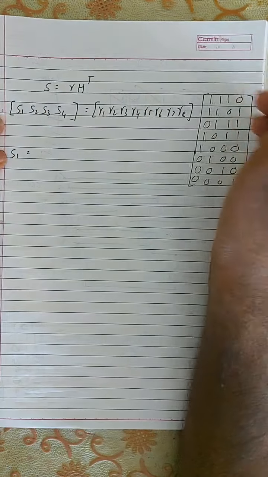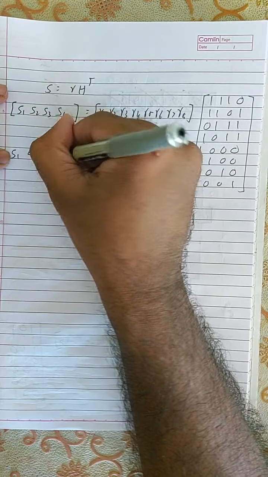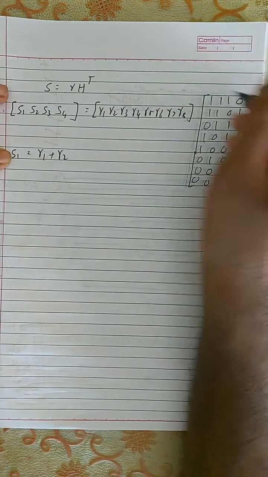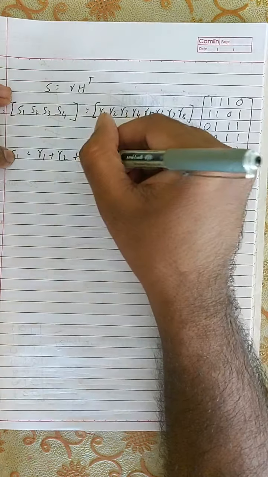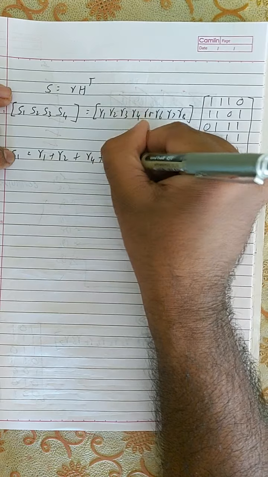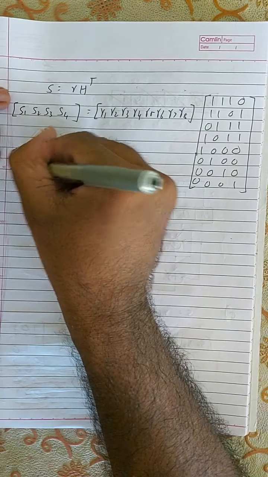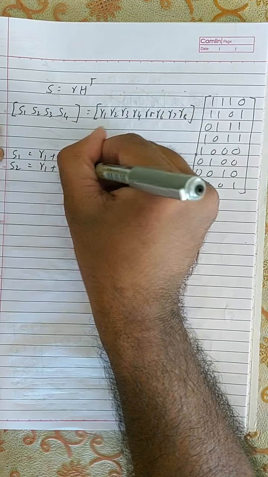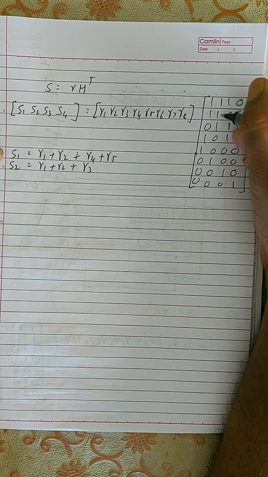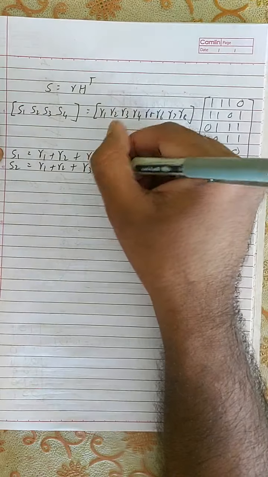So what is the equation for S1? The equation for S1 is R1 plus R2 plus R4 plus R5. What is the equation for S2? Multiplying with the second column, you will get R1 plus R2 plus R3 plus R6.